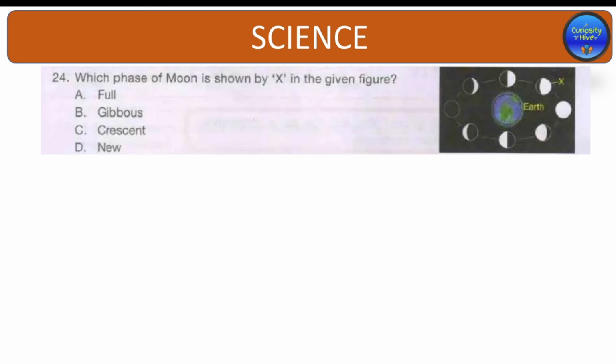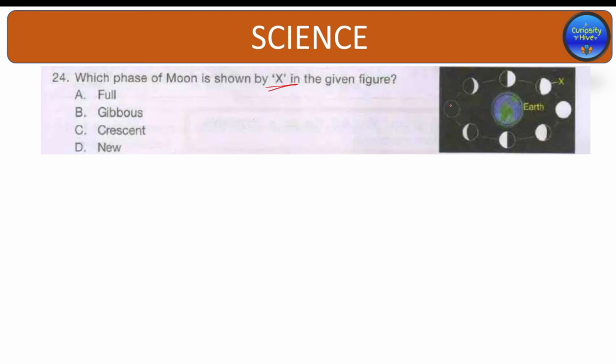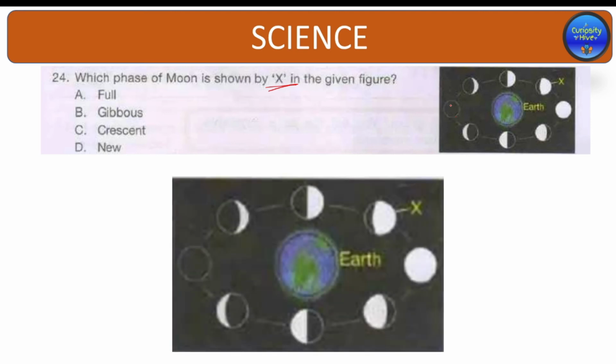Next question. Which phase of the moon is shown by X in the given figure? Tell me the right answer if you know. Well, if not, let me show you how I came to the right answer.